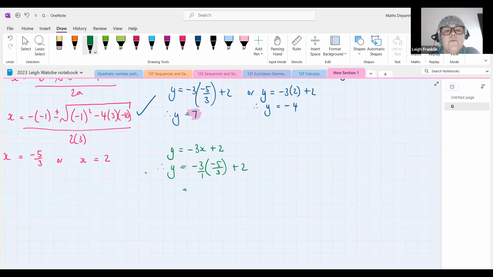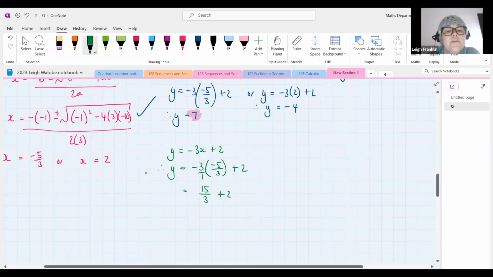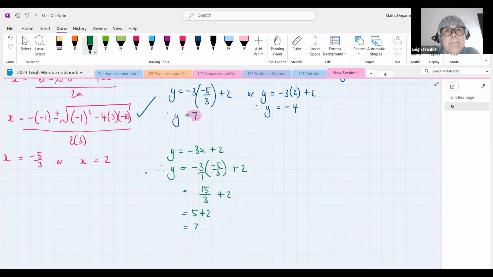So negative 3 times negative 5 is positive 15. And 1 times 3 is 3. And then we've got plus 2. So 15 divided by 3 is 5. And 5 plus 2 is where the 7 comes from. I see now. Okay. Are you happy with that, Junior? Yeah. Thanks.